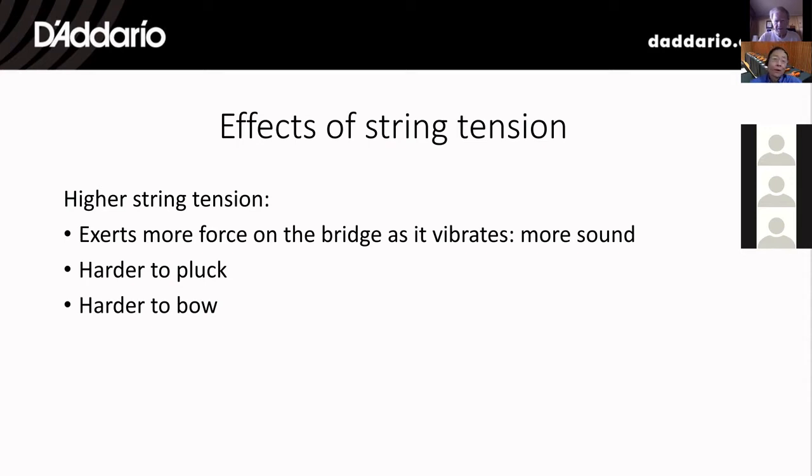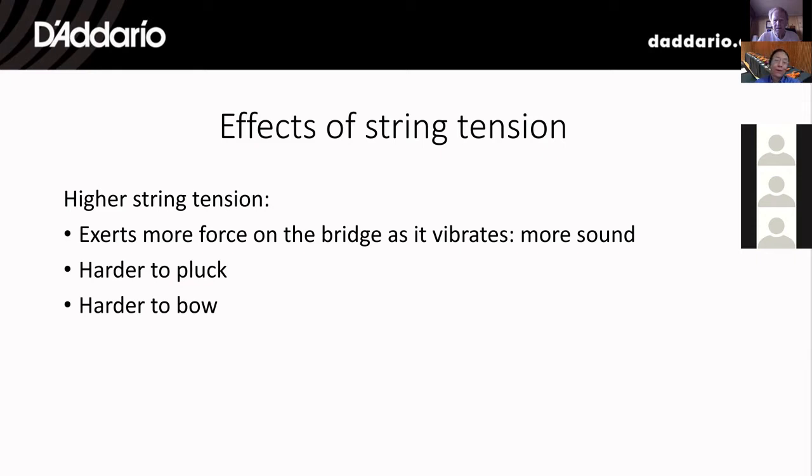So, we string manufacturers make strings with different tensions and gauges to allow finer control over the sound and response. The problem, though, is that there's no single optimal, ideal tension, because it depends on the player and the instrument. There are no standards for a so-called medium tension string set.